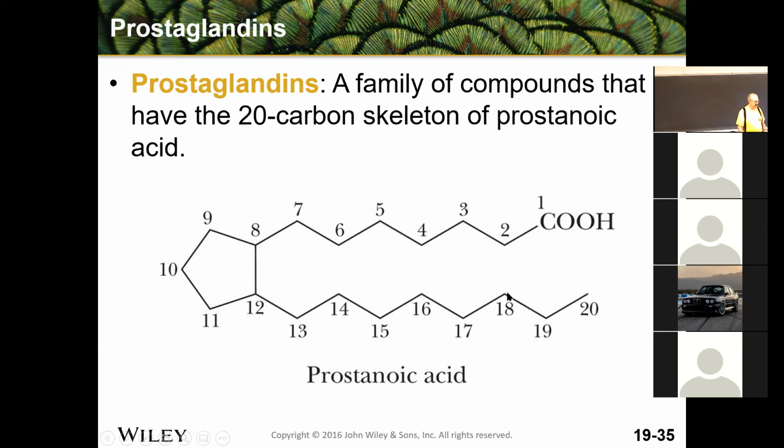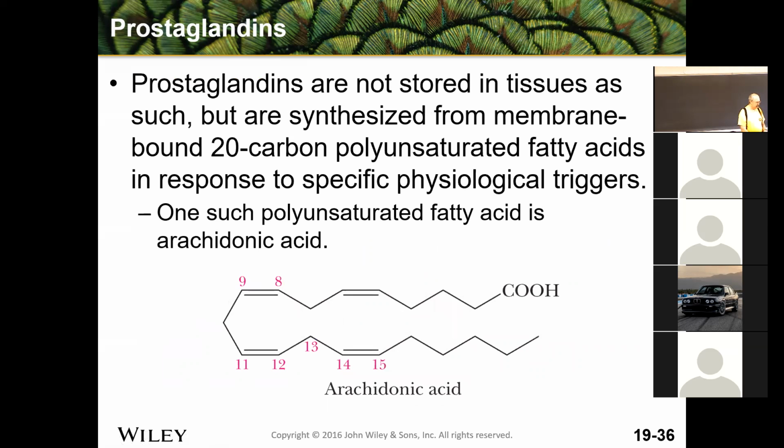These side chains can contain a variety of functional groups: alcohols, carboxylic acids, ketones, alkenes, and so on. Prostaglandins are actually not stored in the tissues as such. They're synthesized from this molecule called arachidonic acid, and they are synthesized in response to specific physiological triggers.